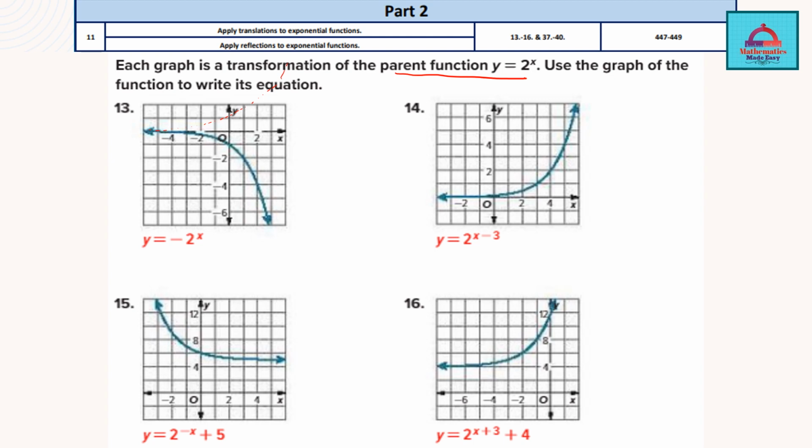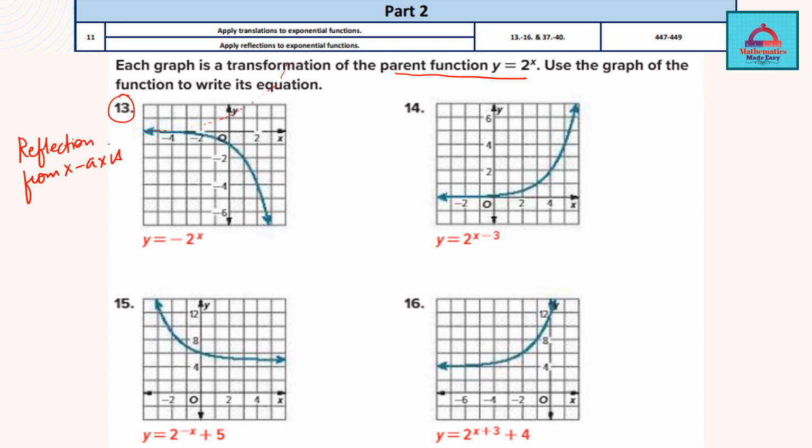Now the first graph that you see in question 13 is a reflection from the x-axis. I told you the parent graph is going up and this is coming down, so this is the graph of reflection. The transformation used here is reflection from the x-axis, and when it is reflection from the x-axis, a negative sign comes and the part of the graph which is up comes down.